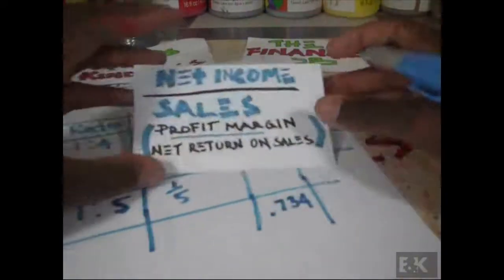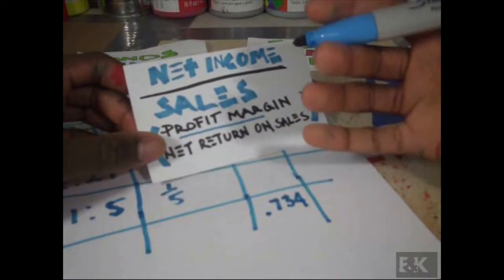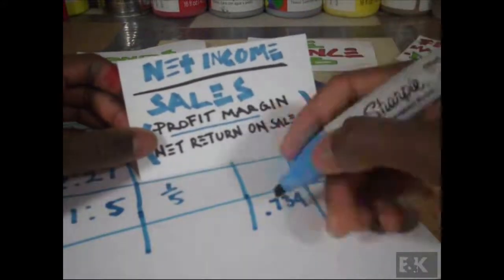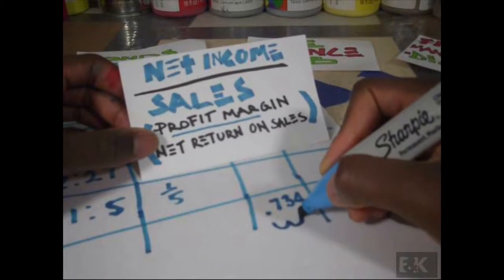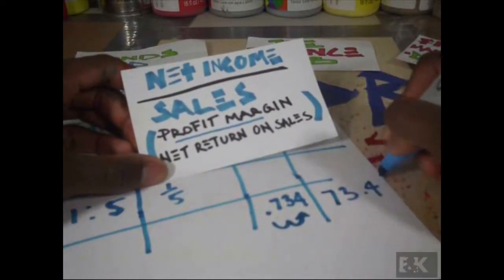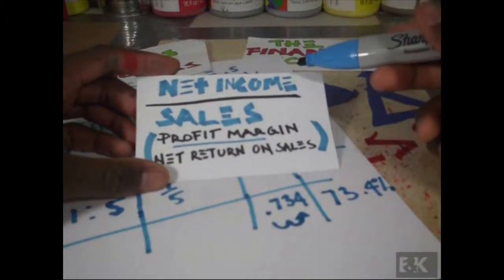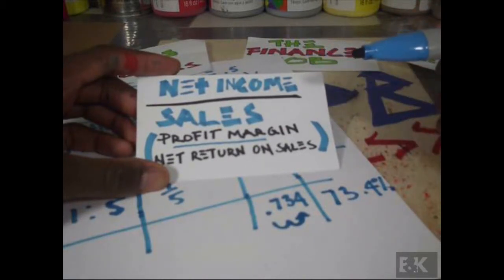Actually, I'm not going to go over that. But for simplicity's sake, say you're looking at 0.734. I would say take it the extra step, move 2 decimal places to the right. That's 73.4%. And all that means is that whatever's on top is 73.4% of what's on the bottom. That's it.